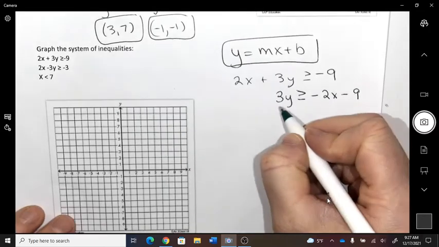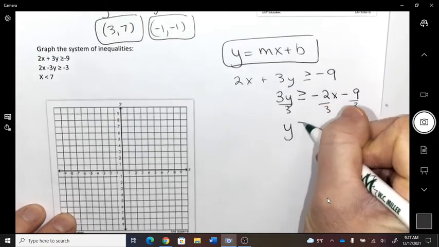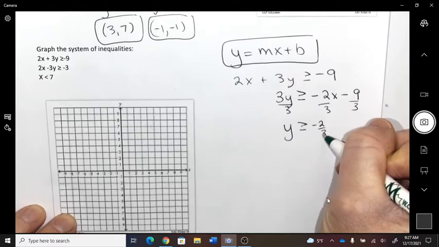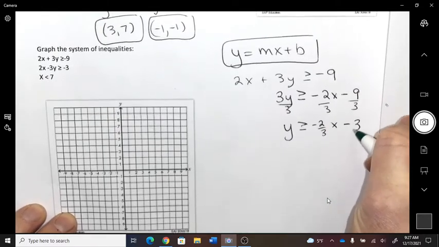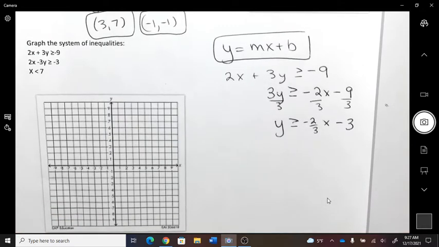Okay, now I'm going to divide by 3. Okay, it's ready to graph.